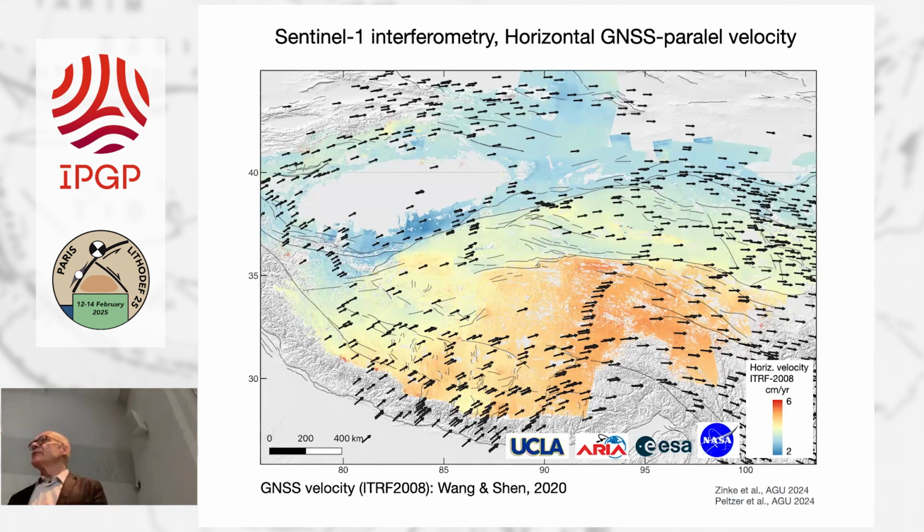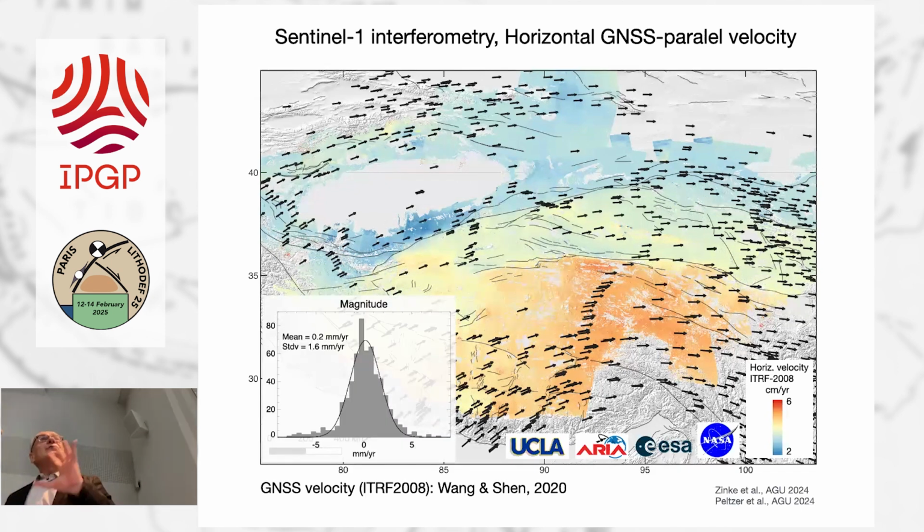So we thought that this was a convenient reference frame to work with. That's what we used, and when you compare the GNSS vector with the InSAR data, the agreement is pretty good. We are within 1.61 sigma differences between the two data sets.